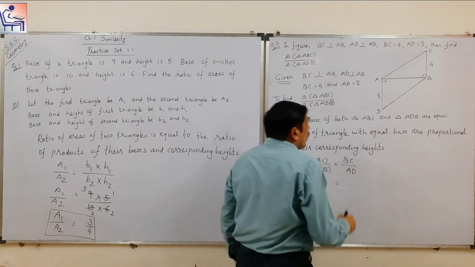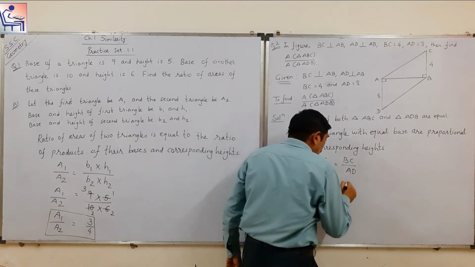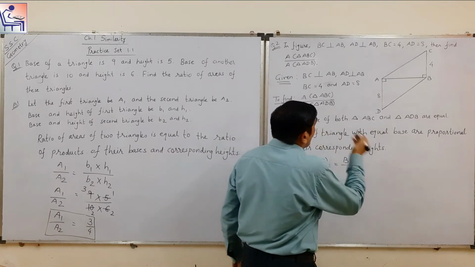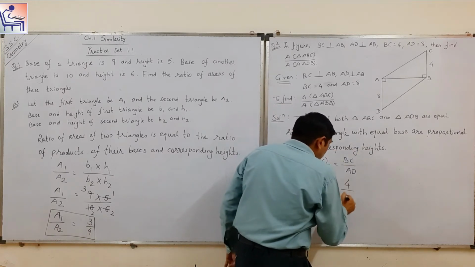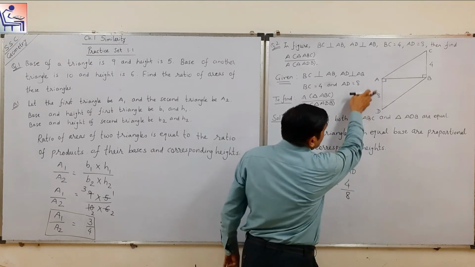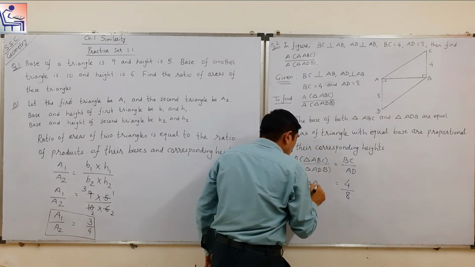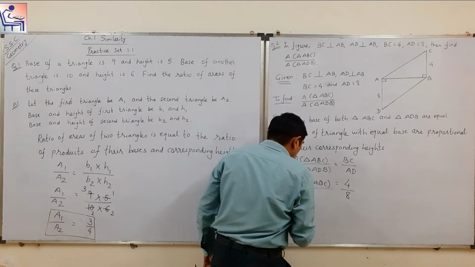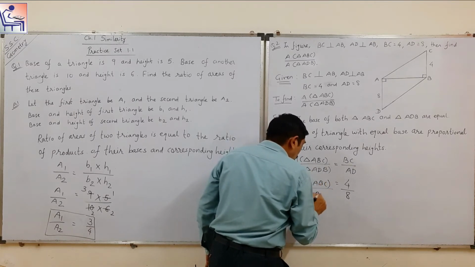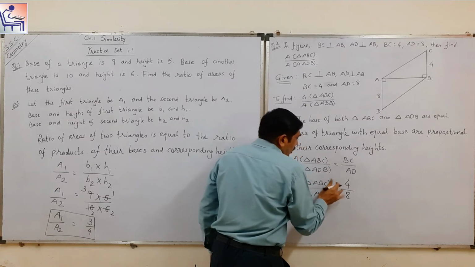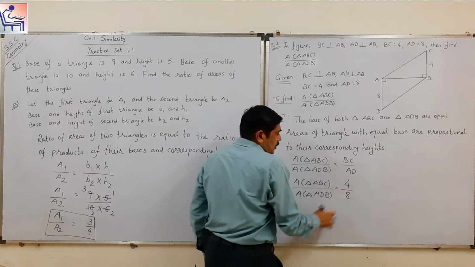So what is the height of triangle ABC? 4, and the height of triangle ADB is 8, that is AD. So we got area of triangle ABC upon area of triangle ADB is equal to 4 upon 8.